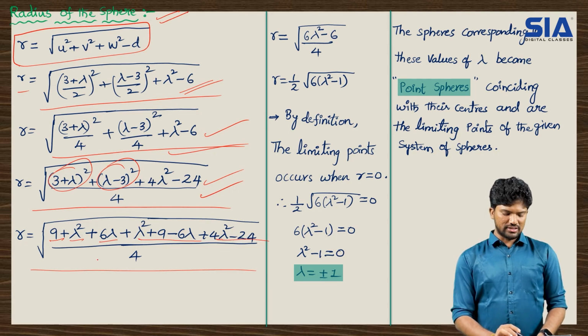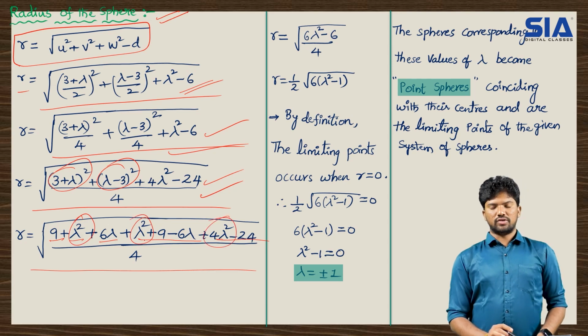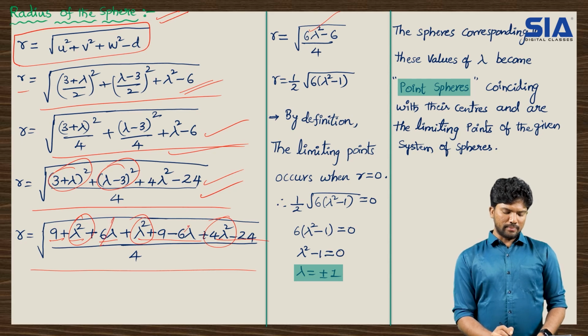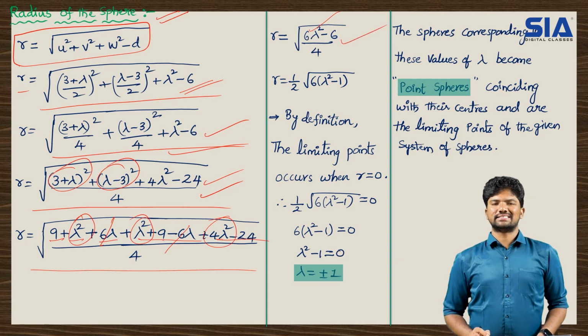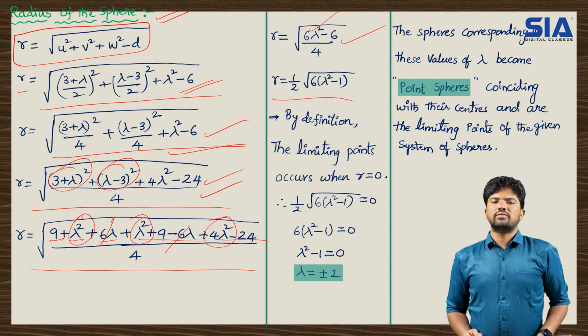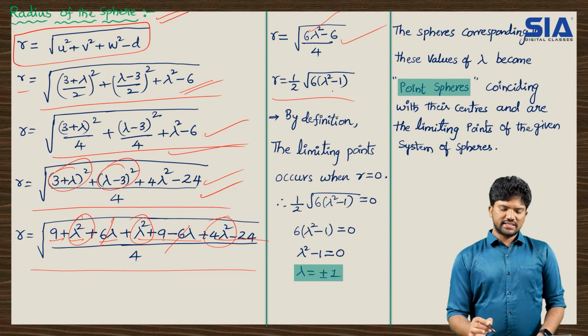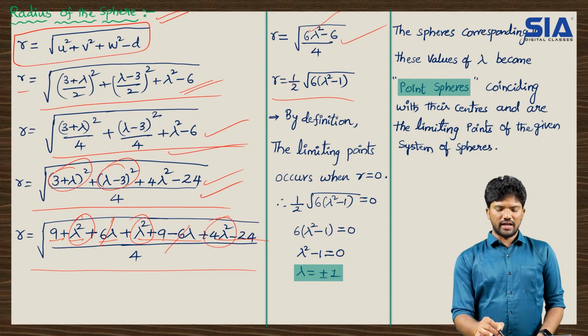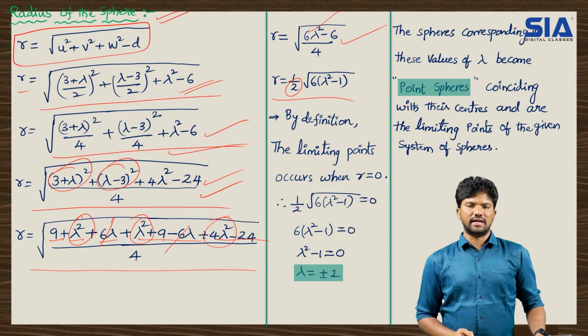Now add the values: lambda square plus lambda square plus 4 lambda square is 6 lambda square. Plus 6 lambda minus 6 lambda both are cancelled. 9 plus 9 is 18, 18 minus 24 is minus 6, by 4. So if you separate the square root, r is equal to under root of 6 lambda square minus 6, by root 4, what is the value? 2. This is the radius value.